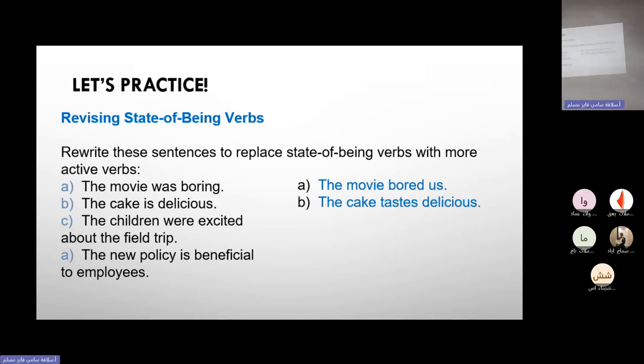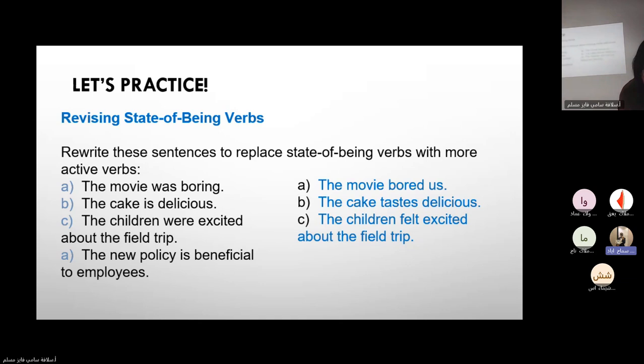The children. Field trip. إيش الجملة تبعتك؟ The children feel excited about the field trip. Very nice. Or the children felt excited. Yes, give me your answer.